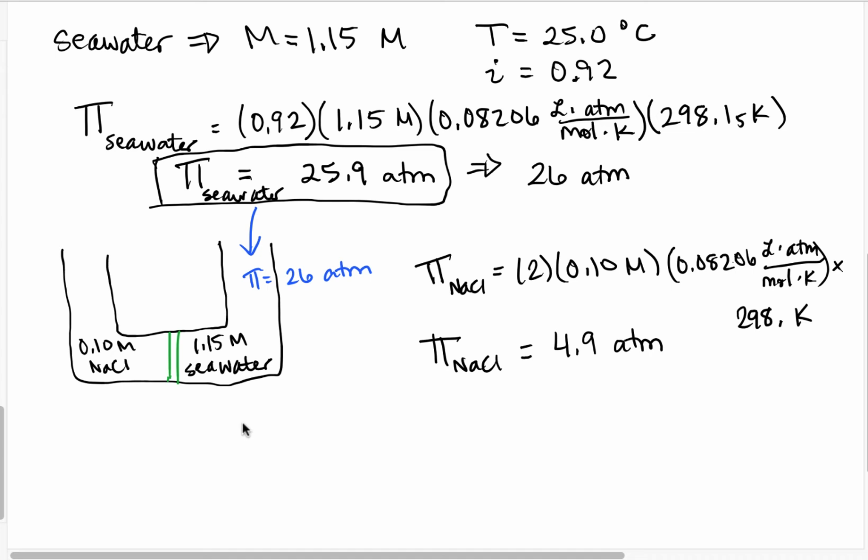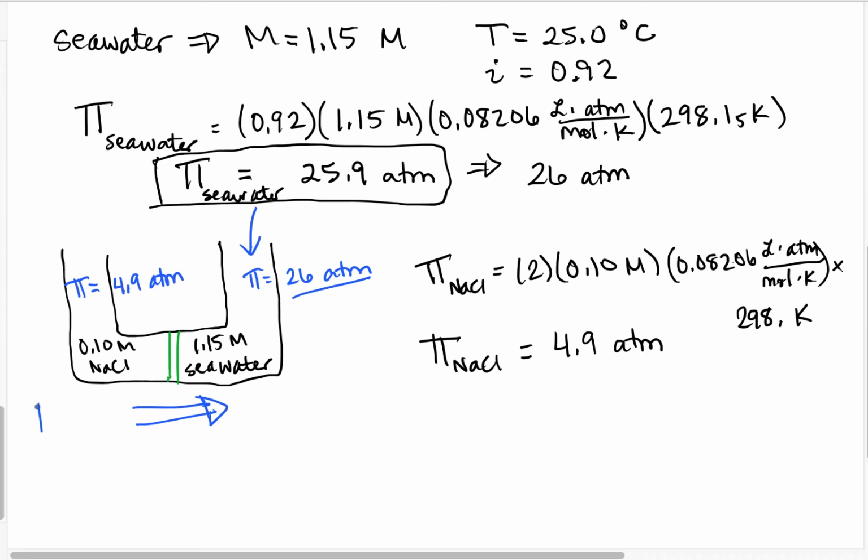right? So we have two different pressures. On the sodium chloride side, we have 4.9 atmospheres, and on the seawater side, we have 26 atmospheres. And what that's going to do then, since the seawater is pushing harder, is draw the water from the sodium chloride solution over into the seawater.